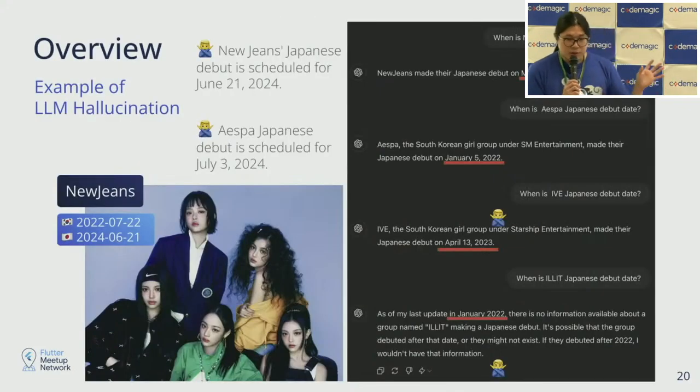I asked ChatGPT about the NewJeans debut date in Japan. It replied incorrectly: March 2023. As you can see, ChatGPT gave an incorrect answer, and this shows that LLMs exhibit hallucinations and provide incorrect information.